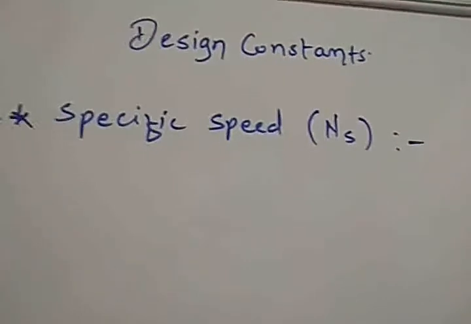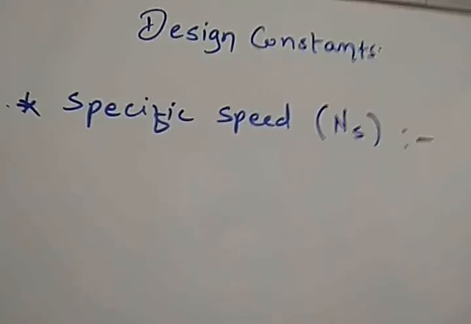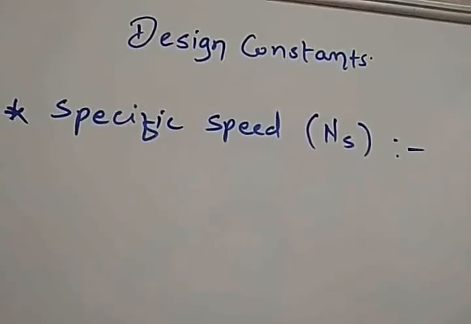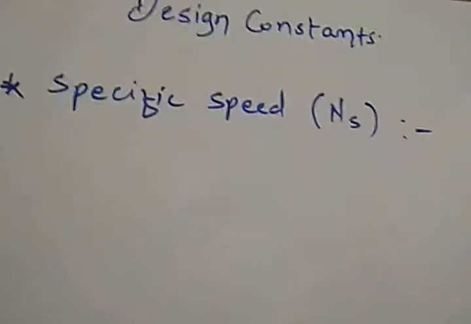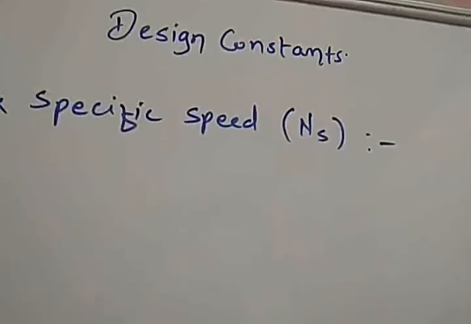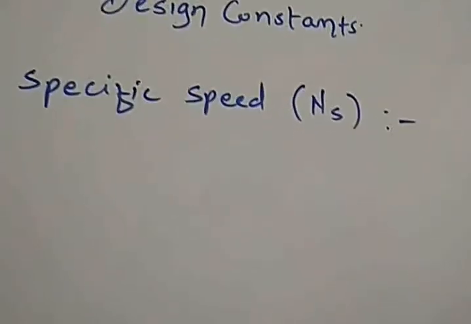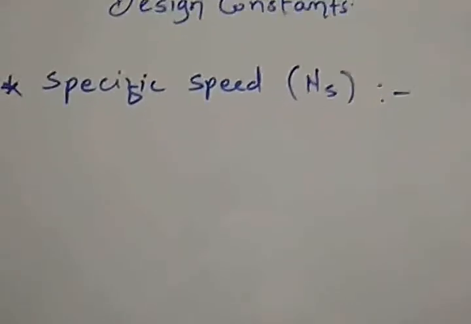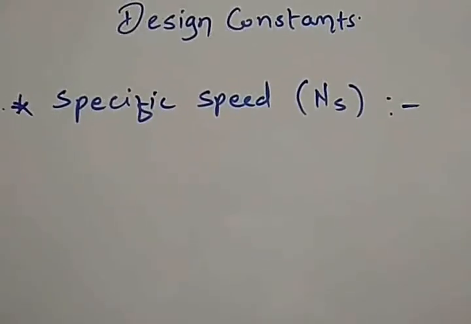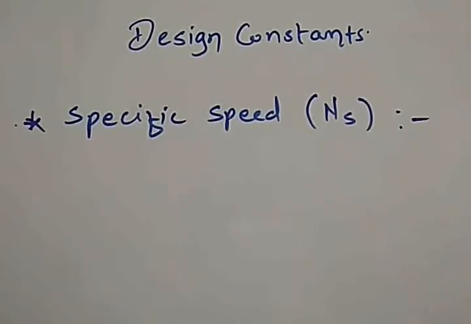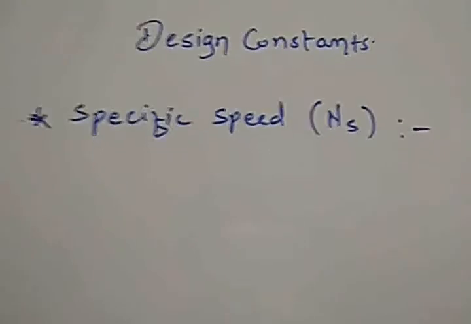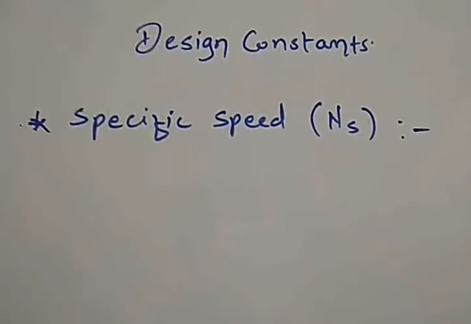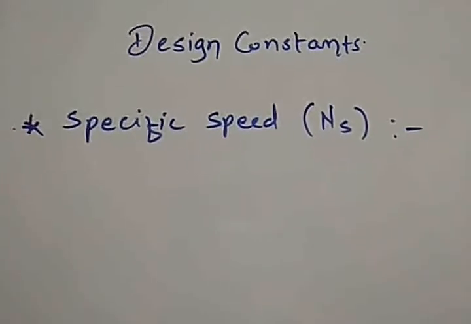The specific speed is the speed in RPM of a geometrically similar pump of such a size that under corresponding conditions it would deliver 1 liter of liquid per second against a head of 1 meter. So that particular speed at which it delivers 1 liter of liquid per second against 1 meter head is known as the specific speed.